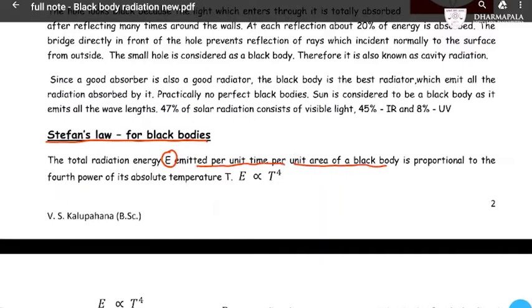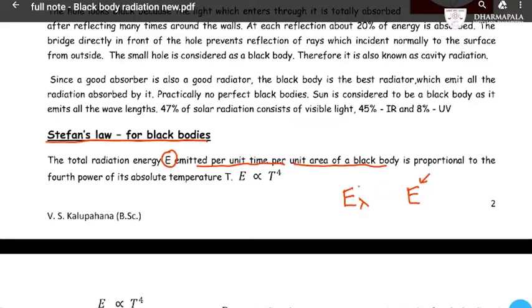So this is different from E lambda that we discussed in the previous session. The difference between E lambda and E is that the intensity in Stefan's law is the total energy per unit area per unit time.